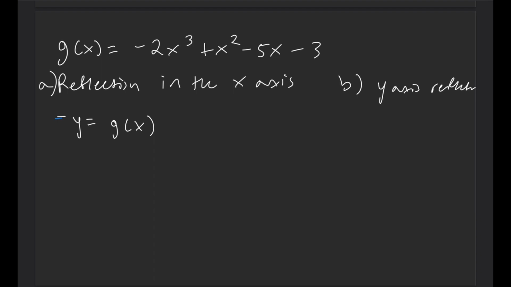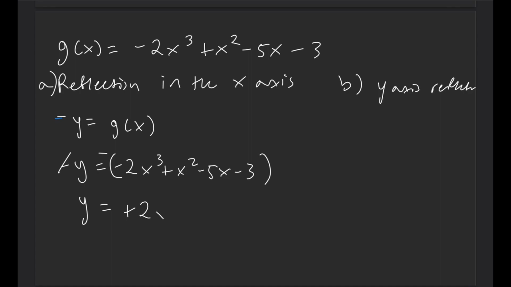So basically we're going to solve for y, and we're going to divide the whole thing by negative 1, because we know g of x is equal to negative 2x to the 3 plus x squared minus 5x minus 3. So we would divide both sides by minus 1. And we distribute a negative in. So now it'd become y equals 2x to the 3 minus x squared plus 5x plus 3.